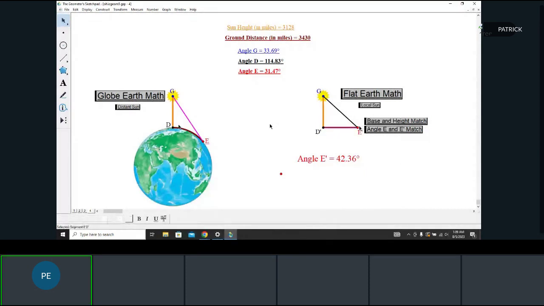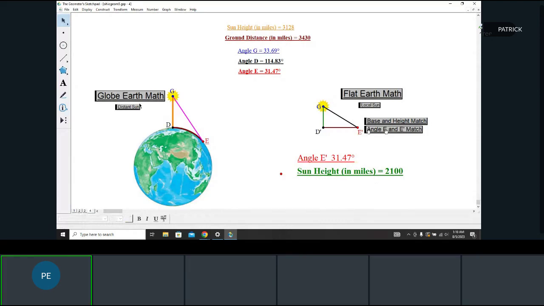However, since this angle D here is 114 and this angle D is only 90, that means that they're not going to have the same angle E doing it this way. 42 degrees for that angle E and 31 degrees for that angle E. Angle G matches up the same on both. And as long as you choose this one right here, angle E also matches up.